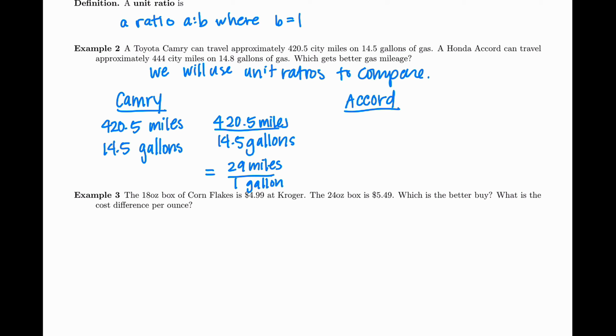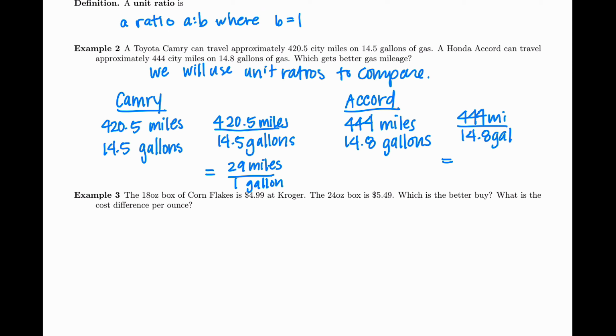The Accord can travel approximately 444 miles with its gas tank of 14.8 gallons. Now notice if you're just glancing, 444 miles on 14.8 gallons, 420.5 miles on 14.5 gallons, they're kind of similar to each other. So we are using this unit ratio to make this comparison to see how similar they are. So this will be 444 miles over 14.8 gallons.